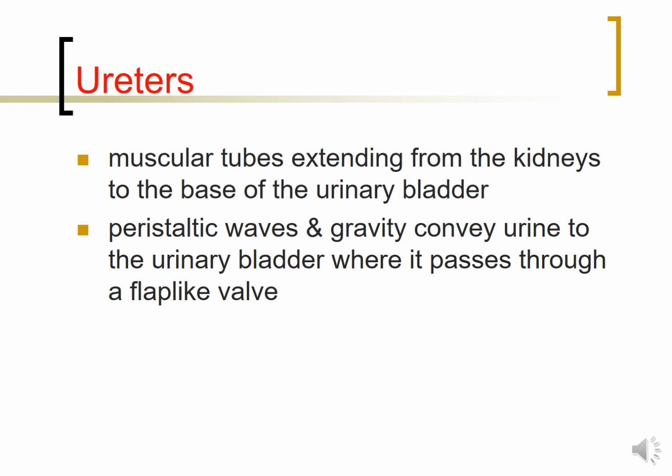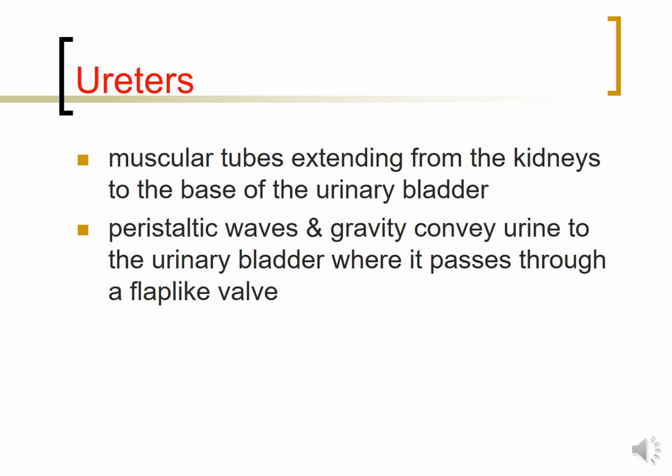So we've produced the urine, and now it's going to exit the kidneys and enter into the base, or bottom part, of the bladder through the two ureters. Urine is produced continuously, and peristaltic waves and gravity convey the urine to the urinary bladder. There's a flap-like valve that allows it to enter.